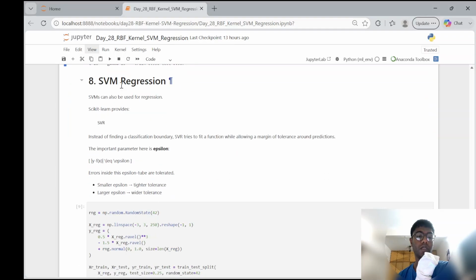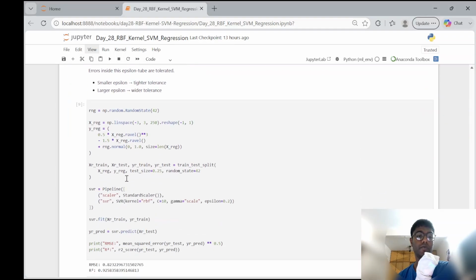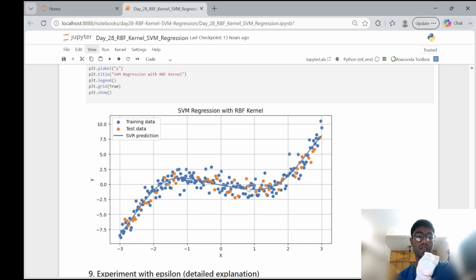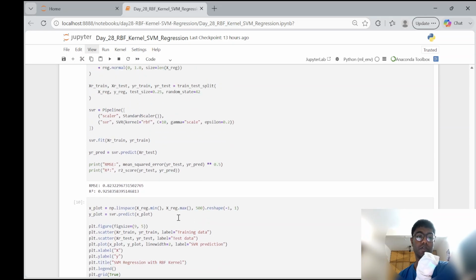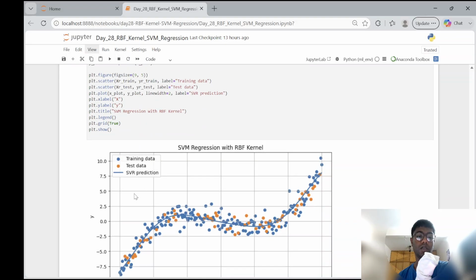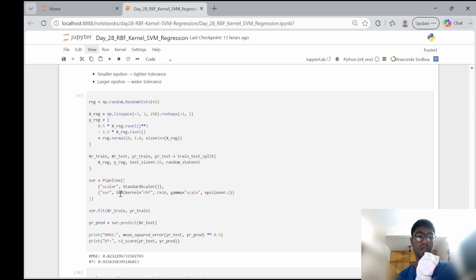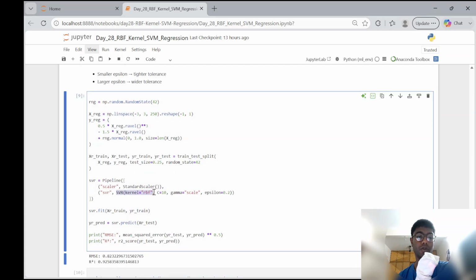SVM regression is another model which can help with such kinds of datasets. It's not a linear model, but a model which has some regression type values associated with it, and we can build a machine learning model this way.